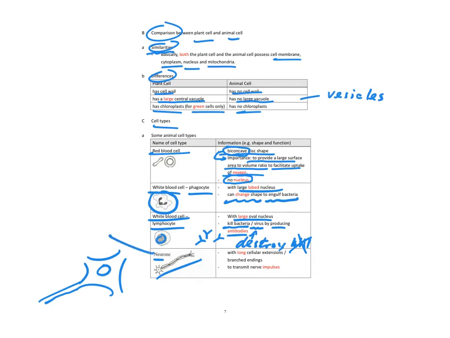That means the nerve cell. They have long cellular extensions or branched endings. They are responsible for transmitting nerve impulses, which are the electrical signals that are transmitted throughout our bodies.